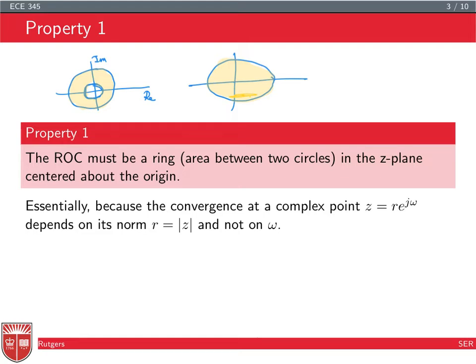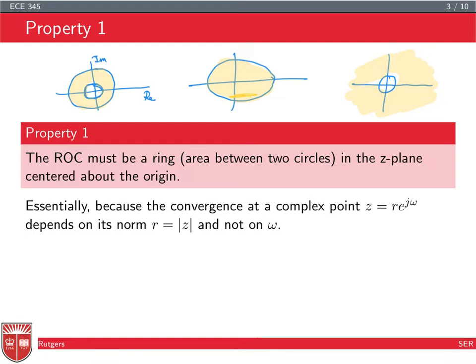The third case that we can have corresponds to the outer circle going to infinity. So we have the inner circle here, and the outer circle goes to infinity, which means that the ROC is the exterior of the inner circle. And if you remember, this corresponds to a right-sided signal.